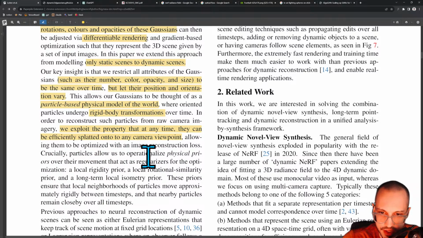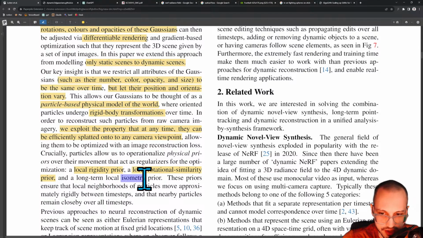So here are all the different physical priors. We have a local rigidity prior, which is the one that they mention in the abstract, so probably the most important one. A local rotational similarity prior, so I don't exactly know what that'll be. And then a long-term local isometry prior.